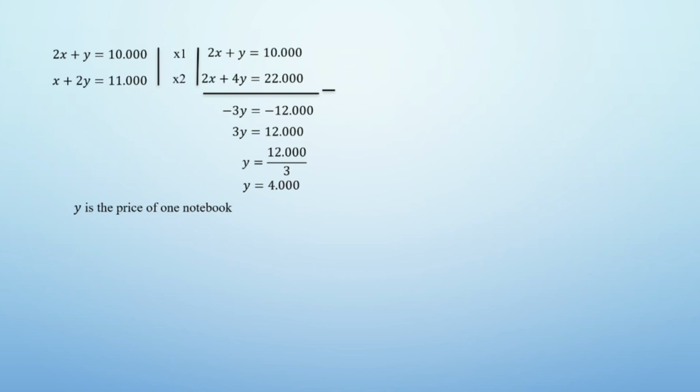Now that we know the value of y, we can easily find the value of x using substitution. Let's put y equals 4,000 into the first equation, that is 2x plus y equals 10,000. So it becomes 2x plus 4,000 equals 10,000.